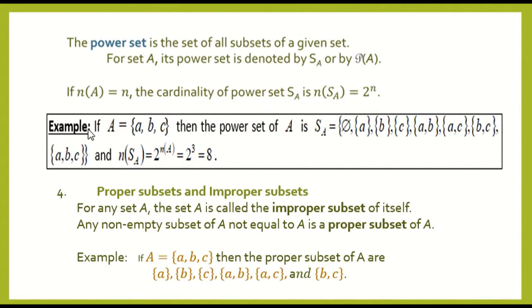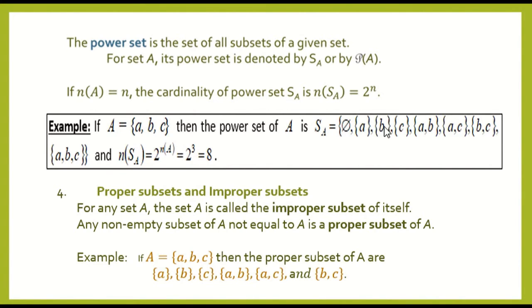So, example, kung naatay set A which has elements A, B, and C, then the power set of A is S sub A. So, atong represent ang power set of A as S sub A. So, ang elements sa S sub A, mauto siya ang mga subsets sa atoang set A. So, we have the empty set, the subset A, subset B, subset C, subset A and B, subset A and C, subset B and C, and subset A, B, and C. So, they are enclosed by braces.